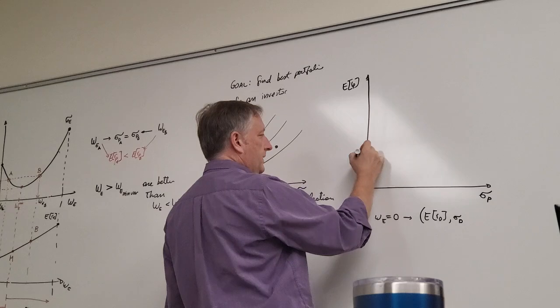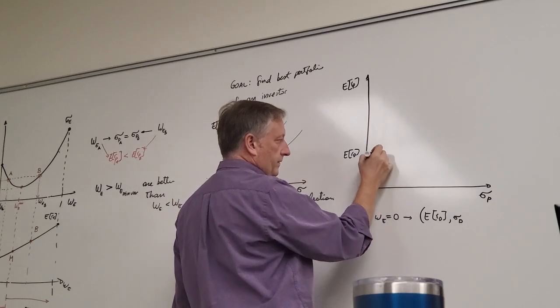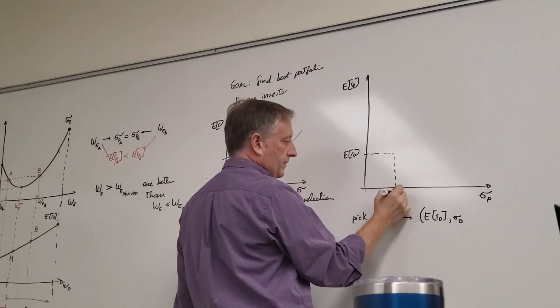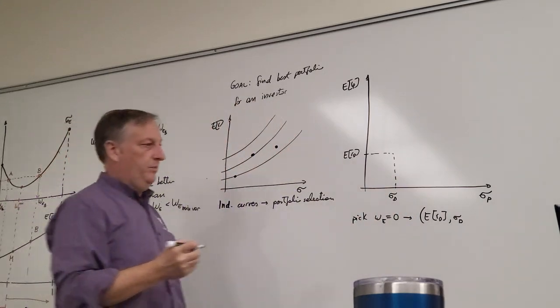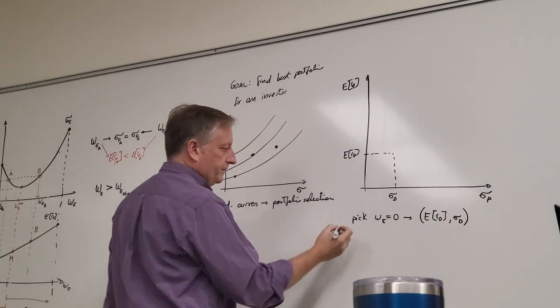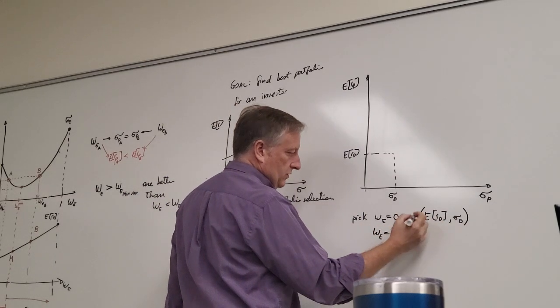So you get this point. Like that. Then pick WE to be 1. So you get another point.